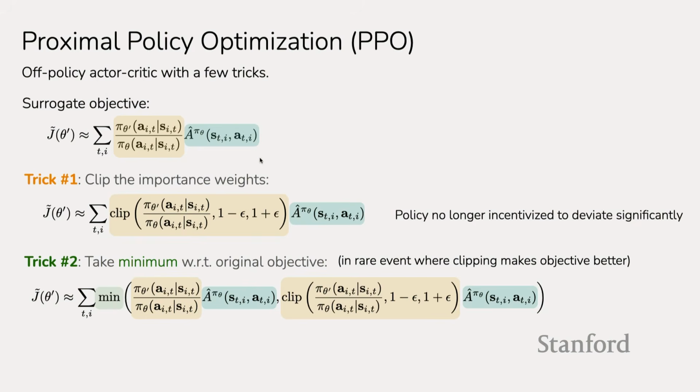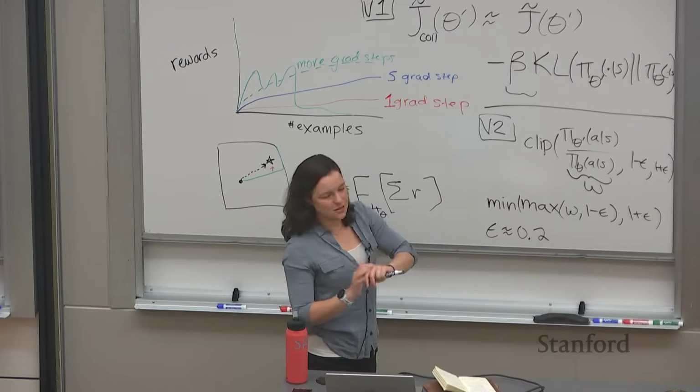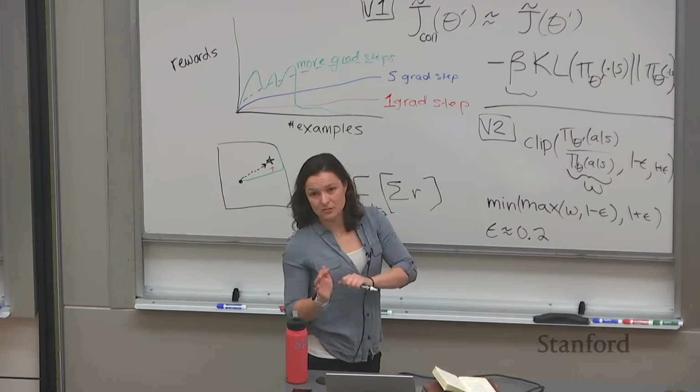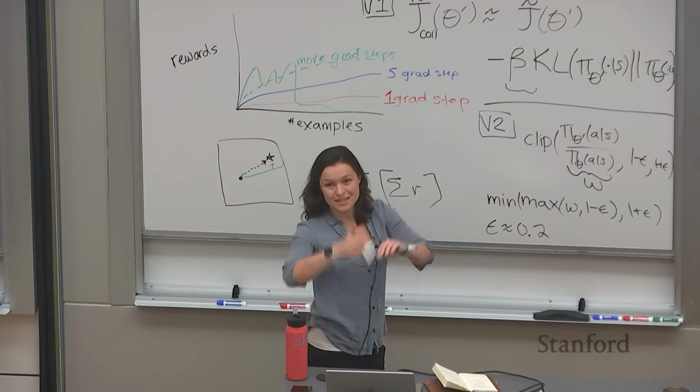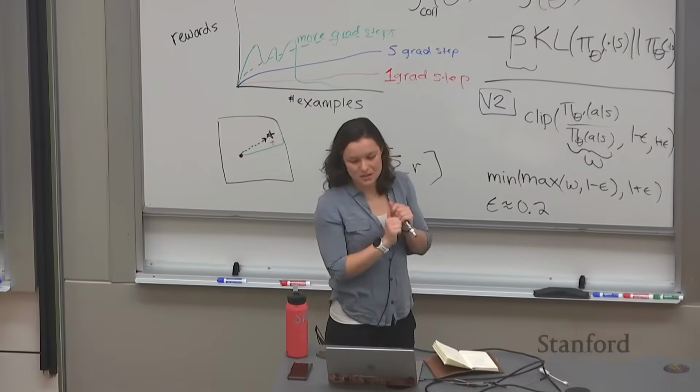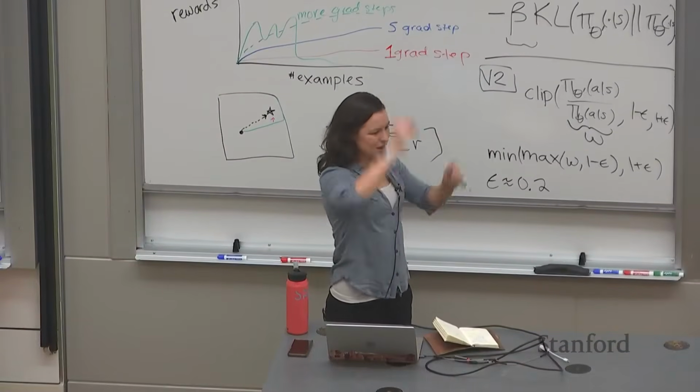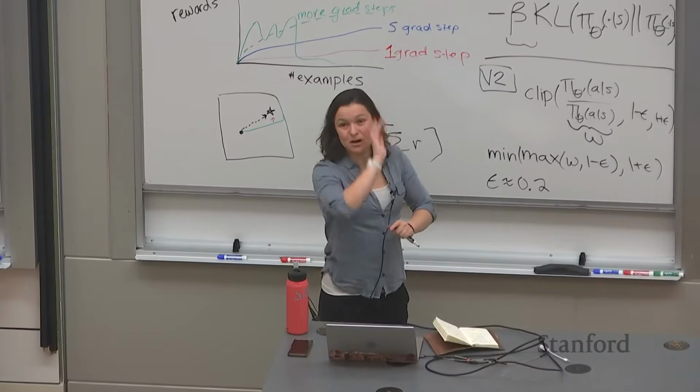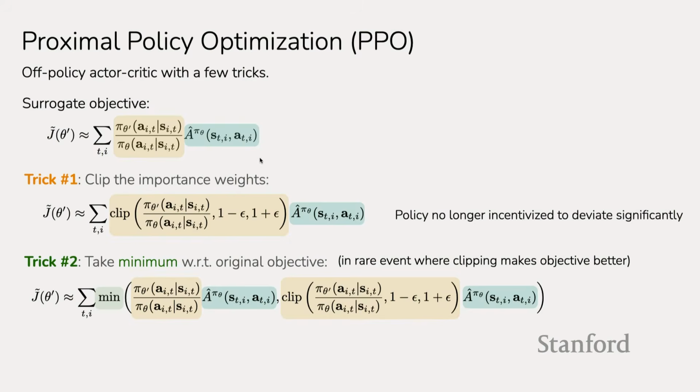And this means that we're going to be maximizing a lower bound on our objective. Usually, if you're going to be optimizing something that's different from your original objective, it's good if it's a lower bound, because you're not going to be maximizing something that you could maximize beyond the original objective. Cool. So this is the final PPO surrogate objective.